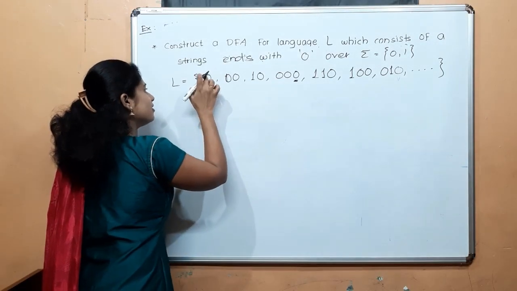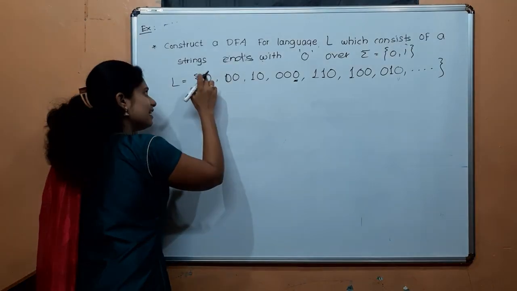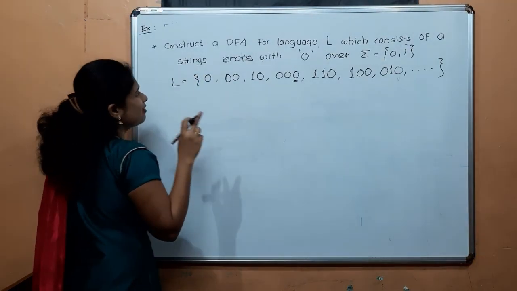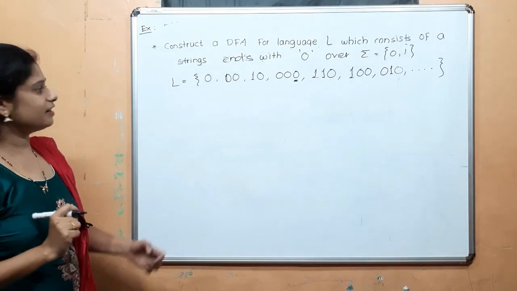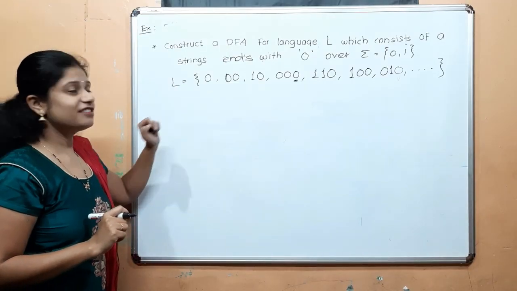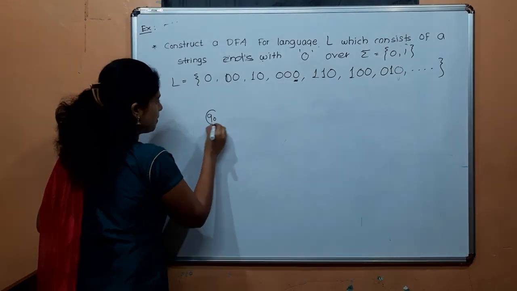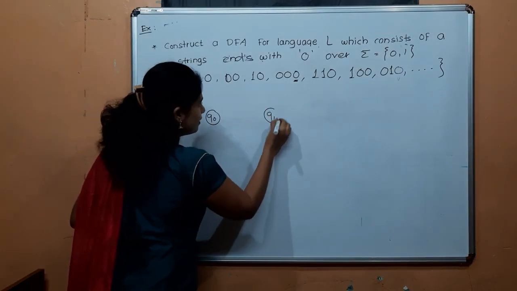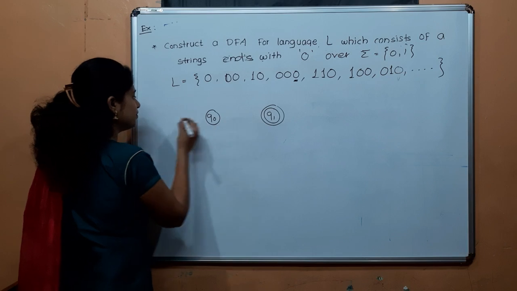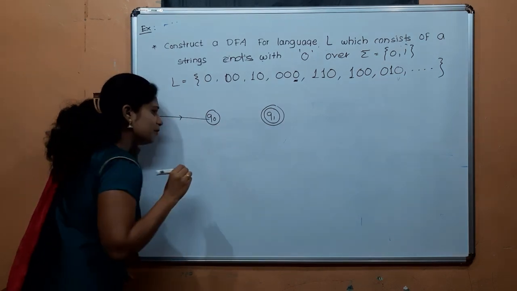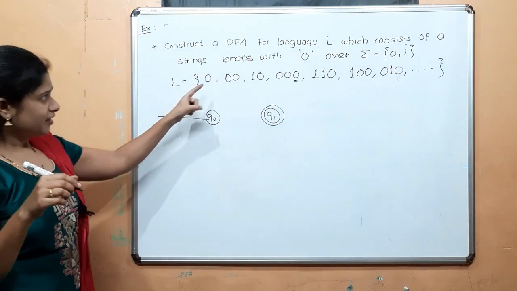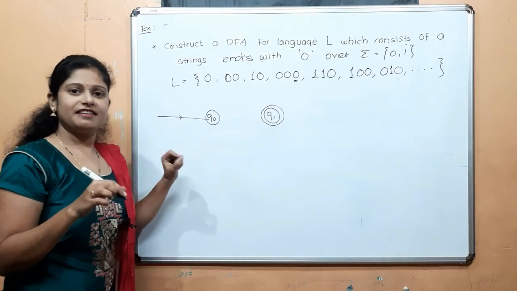Here the minimum string has length 1. 1 plus 1 is equal to 2. Therefore, the total number of states in the transition diagram will be 2: Q0 and Q1. This is the final state. Okay, 2 states. One important thing is that ends with does not contain a dead state.